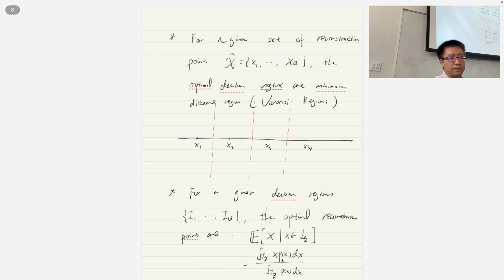This is a point, and we have a name for it: the centroid of IQ. So we just need to compute the centroid of IQ, which is the center of mass.